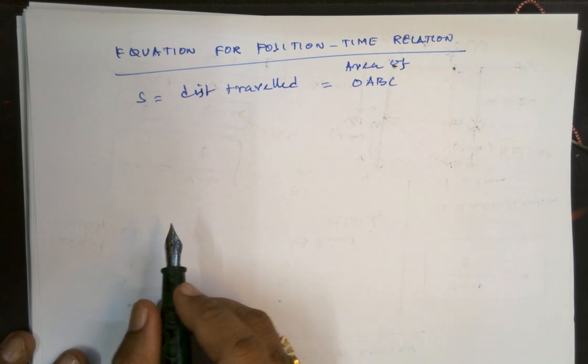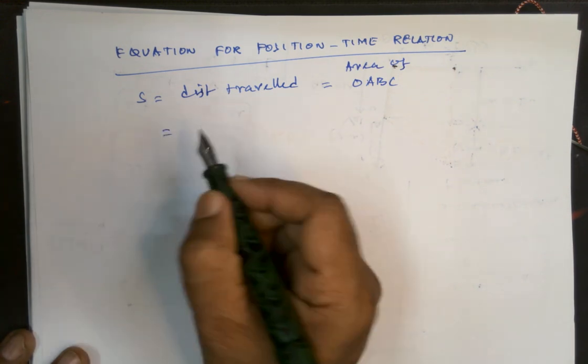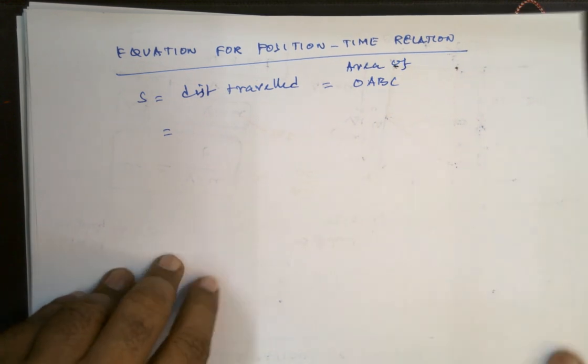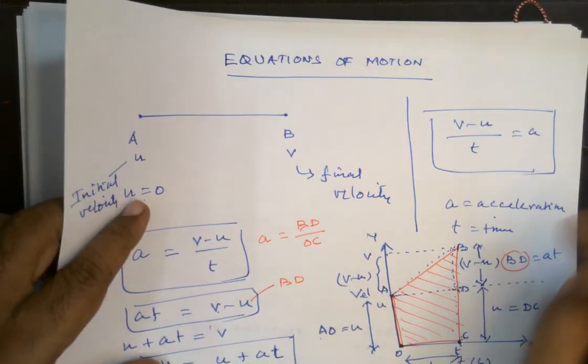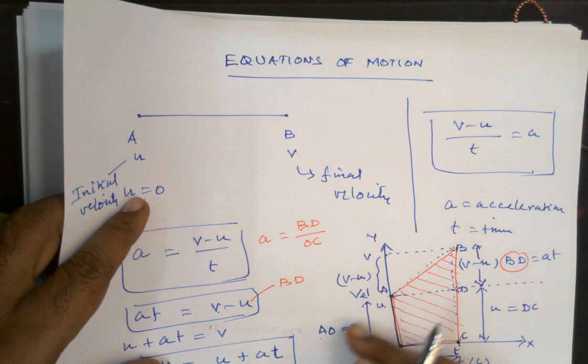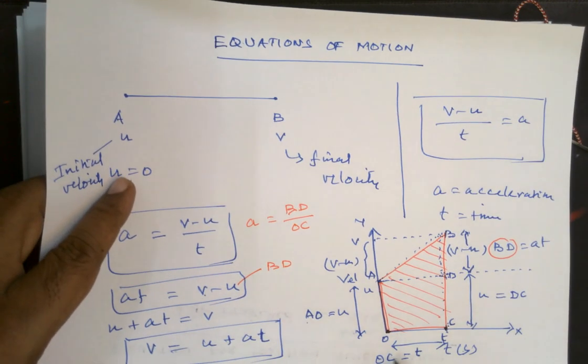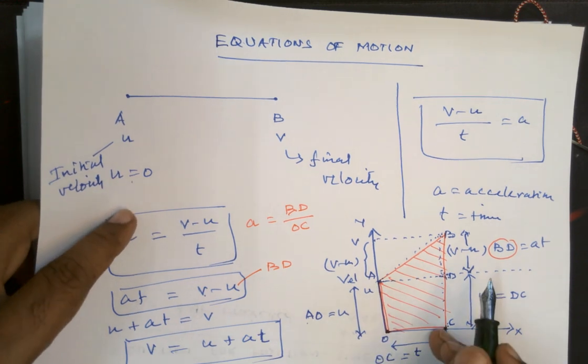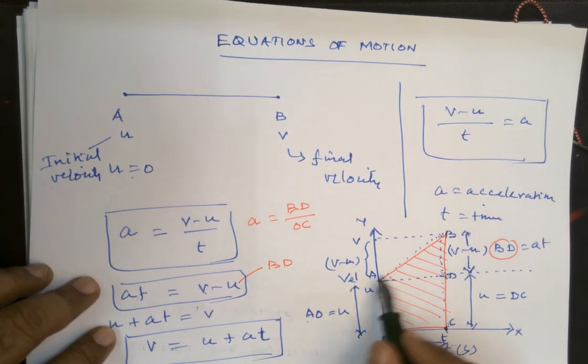OABC is a combination of a triangle and a rectangle. So you have OCDA, or OADC. That is a rectangle.